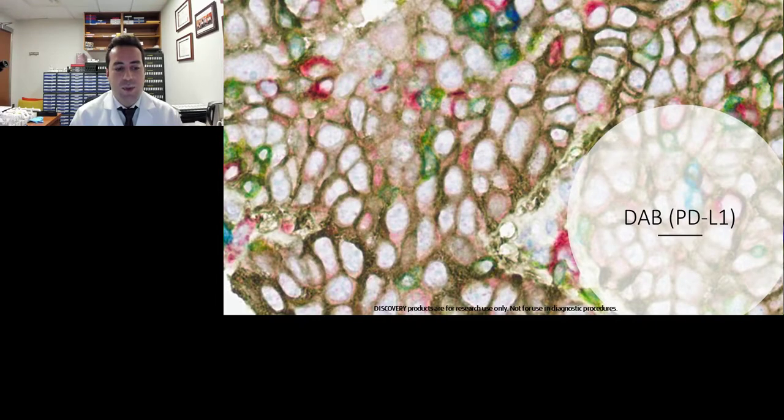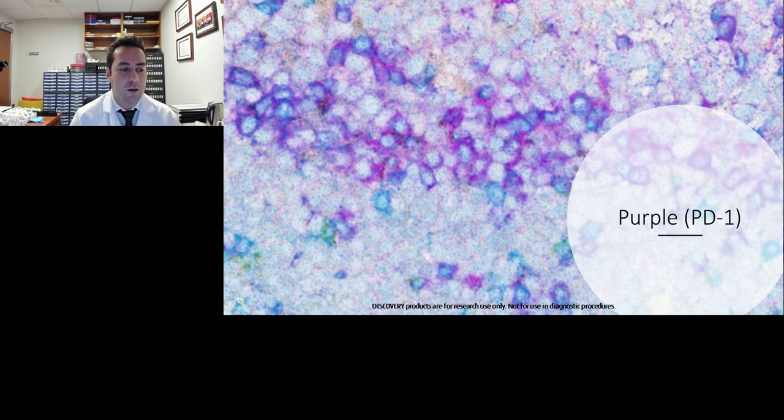Just to show simple examples of the antibody-chromogen couples in our design, you see here the brown membranous staining of the DAB for PD-L1. Purple for PD-1. There is some teal staining and CD8 positive cells around, but the purple staining is still distinguishable.